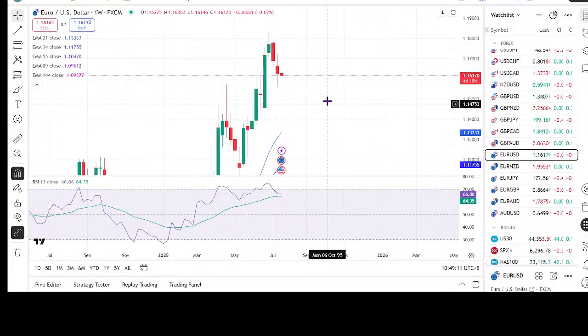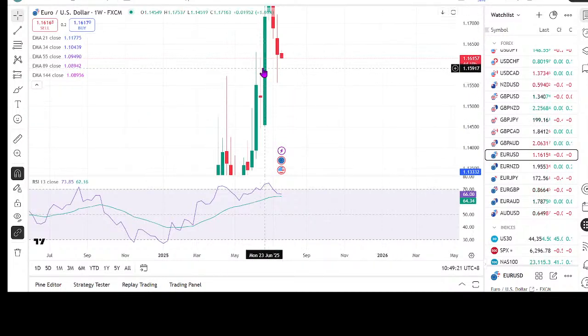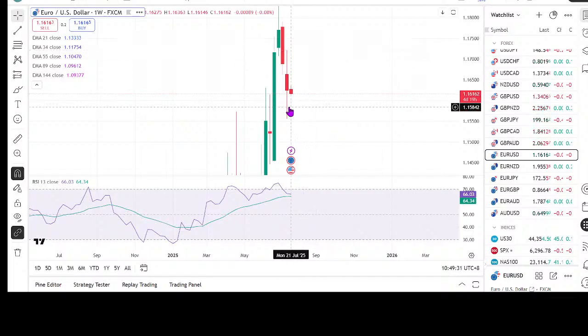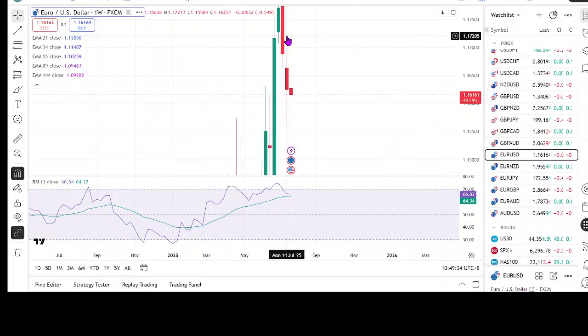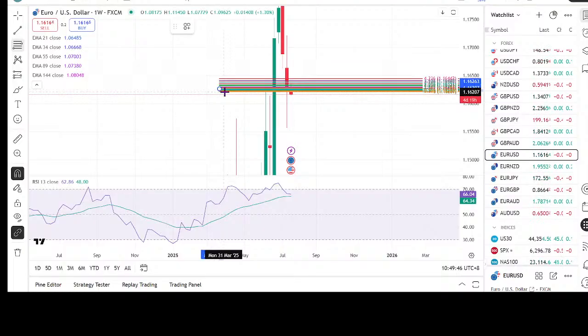As far as the weekly high is concerned, the weekly high has to be below 11660 and 11720.